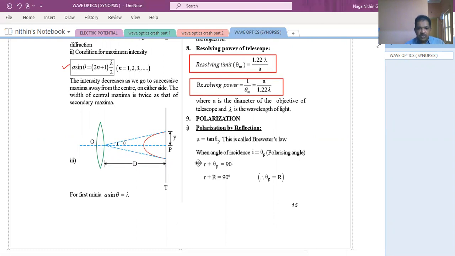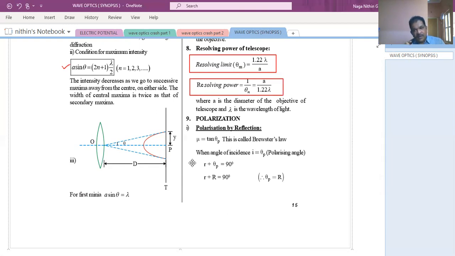When light passes through some crystals, that crystal will stop one component and allow another component. That is called polarization. With the naked eye, we can't say whether the light is polarized or unpolarized, but generally, compared to normal light, polarized light intensity will be less.